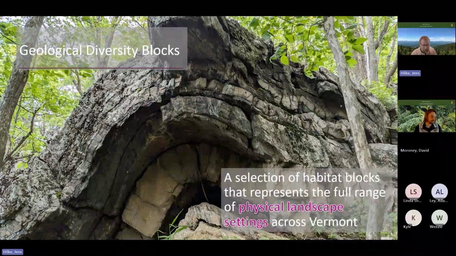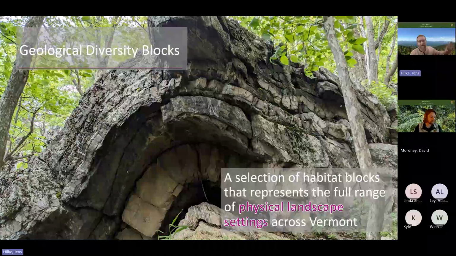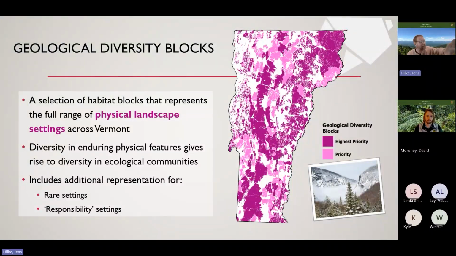And so we wanted to represent the entire spectrum of physical landscape settings across Vermont, from the top of Mount Mansfield to different settings in the Champlain Valley, you know, clay plain forest or lacustrine settings and so forth. And so we added these. They're not all well represented in those selections of interior forest or connectivity. So we went back and added some of the underrepresented settings.